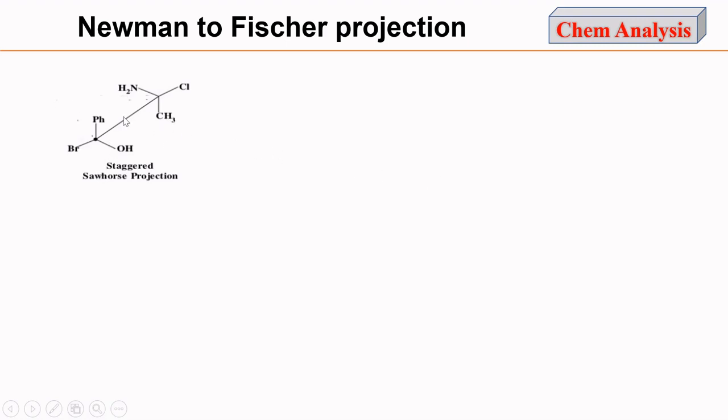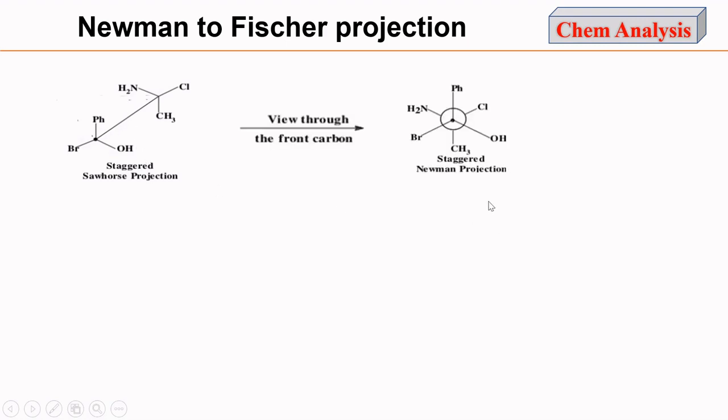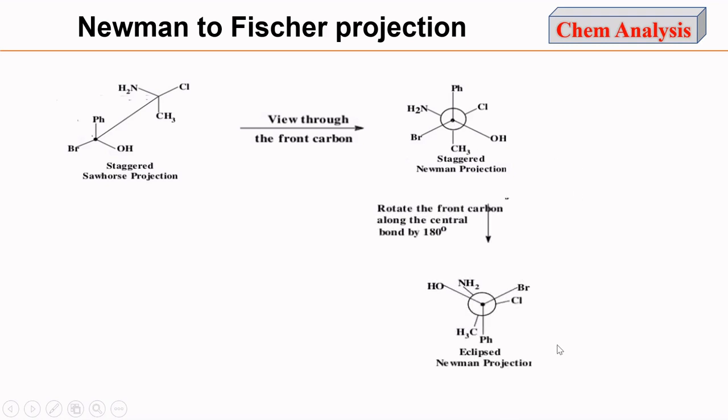And if we draw the corresponding picture of this staggered Sawhorse projection formula, then we will see that on the front carbon phenyl is on the top, on the left side there is a bromine atom, and on the right side there is a hydroxyl group, and on the back carbon below the plane is a methyl group, left side NH2 and right side Cl. So to bring the phenyl group eclipsed to this methyl group and below the plane, we have to rotate the front carbon substituents by 180 degrees.